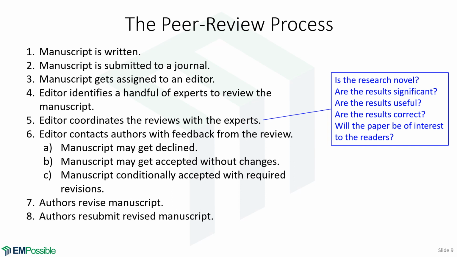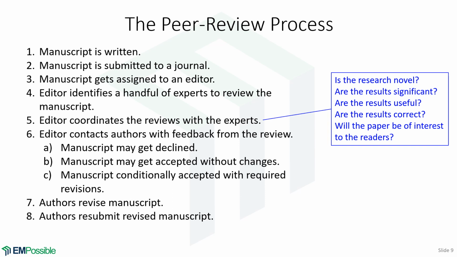At this point, the authors resubmit the revised manuscript. And sometimes, depending if it was a really good review with just minor changes, it probably won't go back to the original reviewers. The editor will just look at that and make sure, yes, okay, these minor things were tweaked.